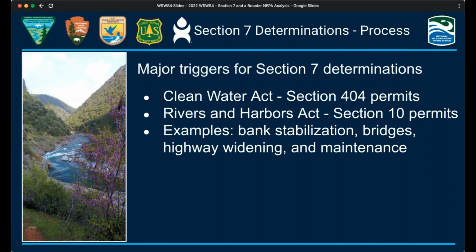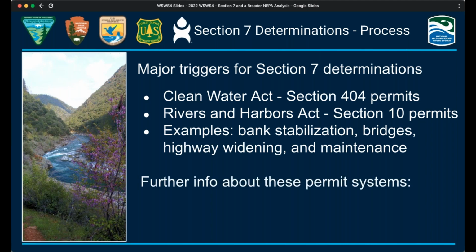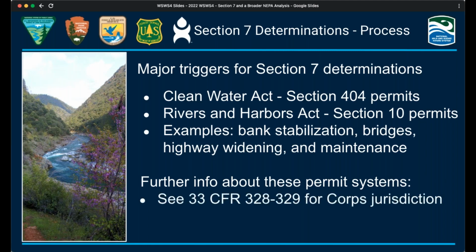The Army Corps process requires a written determination from the River Administering Agency for such projects. The scope of the Army Corps jurisdiction pursuant to these regulatory authorities is defined in the Code of Federal Regulations at 33 CFR 328 and 329.